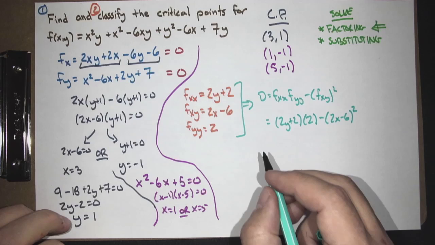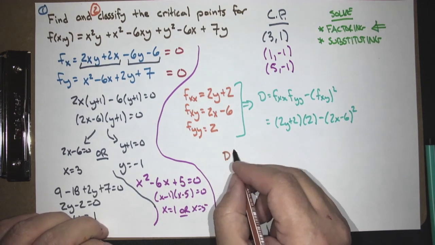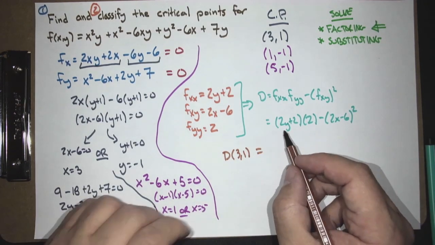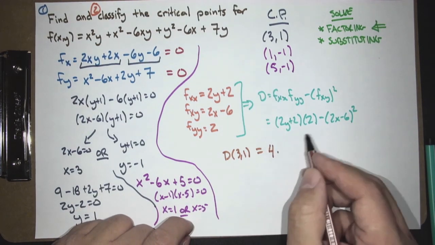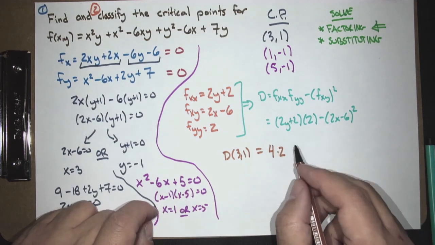We need to plug in each point. Okay, so let's start with 3, 1. 2 times 1 plus 2 is 4. Times 2 is 8. 6 minus 6 is 0.